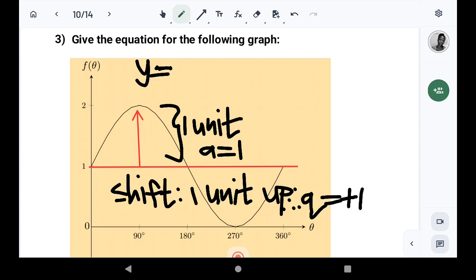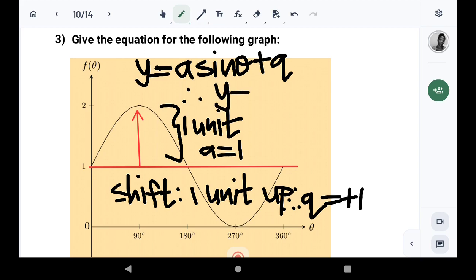Remember, the general equation for the graph is y equals A sine theta plus Q. Your A is 1 and your Q is 1. Therefore, the equation is y equals sine theta plus 1. That's how you answer that question.